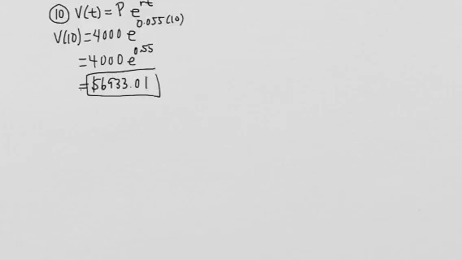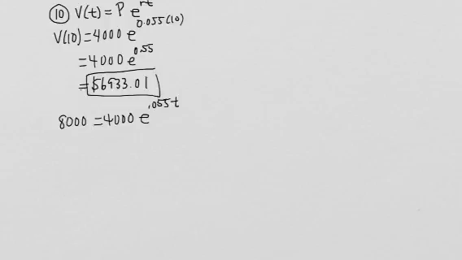The second part of the question is, when will it double? In other words, when will Casey have $8,000? So we want V of t to equal 8,000. He started with 4,000. The rate is the same. And we're calculating for time.